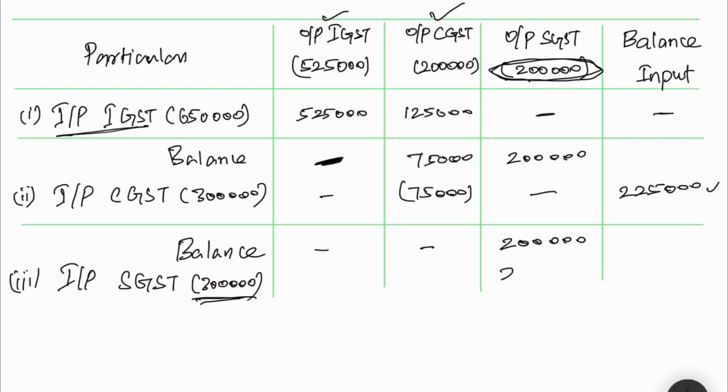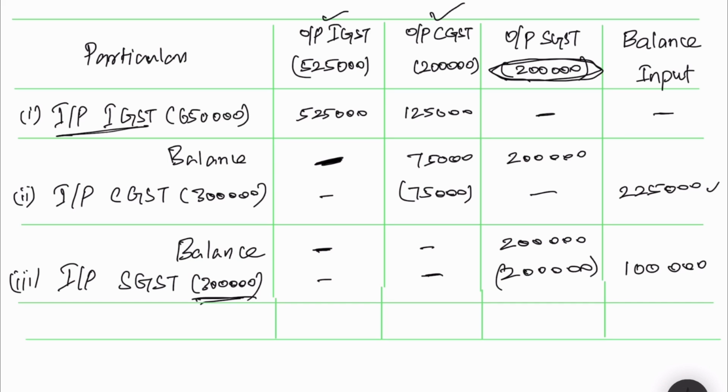So maximum you can set off 2 lakh as only 2 lakh is available. You cannot utilize CGST even if it is available, but in this case it's not available. But you can utilize IGST if it is available, but here IGST is not available, so you cannot set off using IGST also. So there remains balance in input SGST 1 lakh.